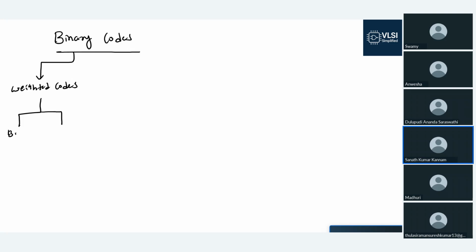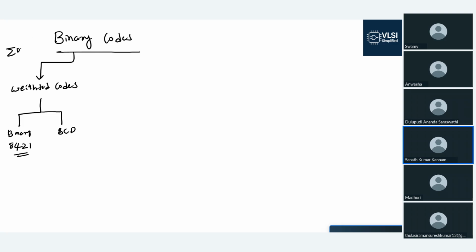Suppose you have binary and BCD. So binary has what weight? 8421. We already saw converting any other number system into decimal, where we added the summation of digit into r power place value. Those are nothing but weights.